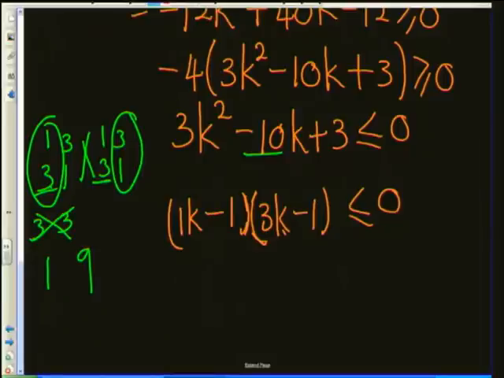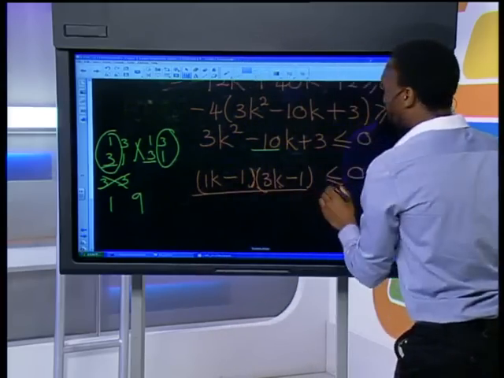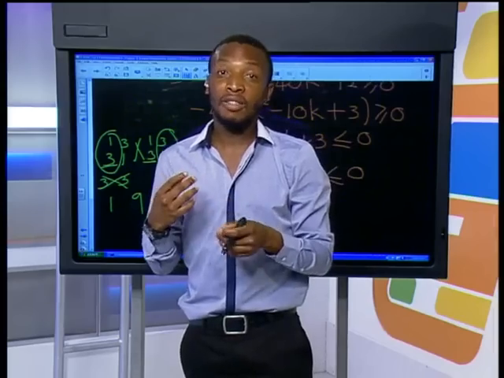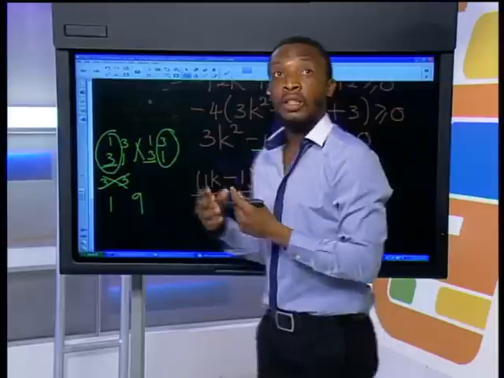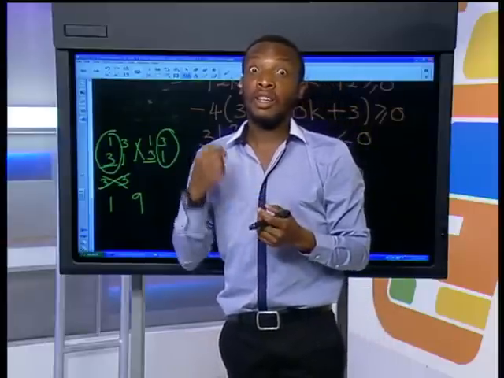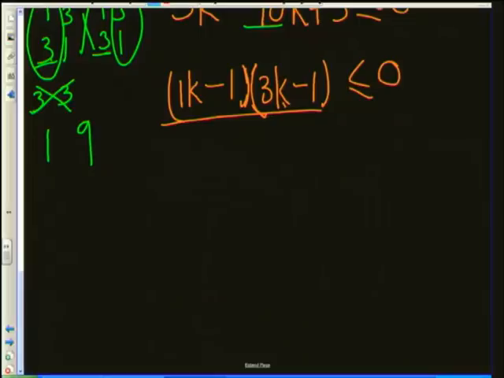So now I've got a product of two things multiplied by each other. I need to know where this product will be negative, because do you agree that if something is less than 0, it means it is negative? So I want to know where this product will give me a negative answer and where it'll give me an answer that is equal to 0. Right, so let's first look at where it'll give me an answer that is equal to 0. And how do I do that?